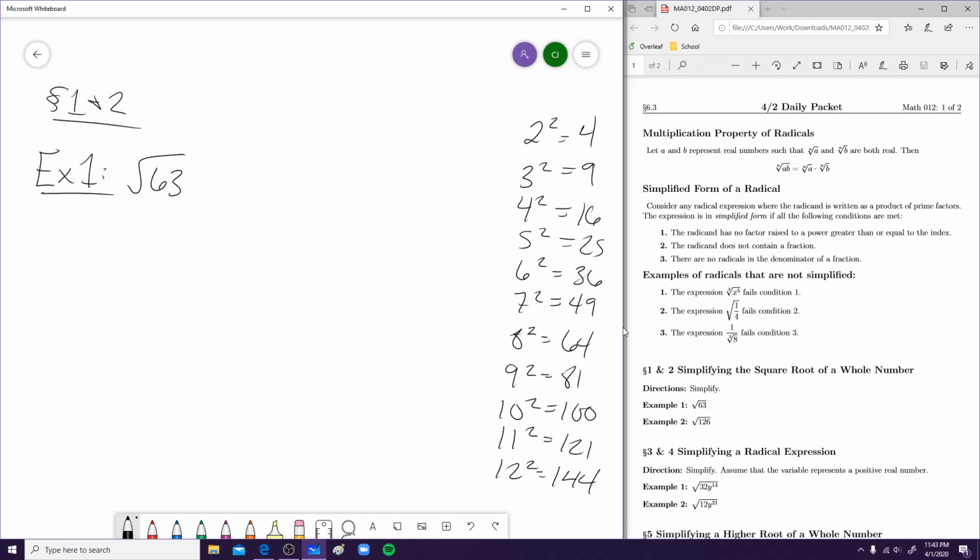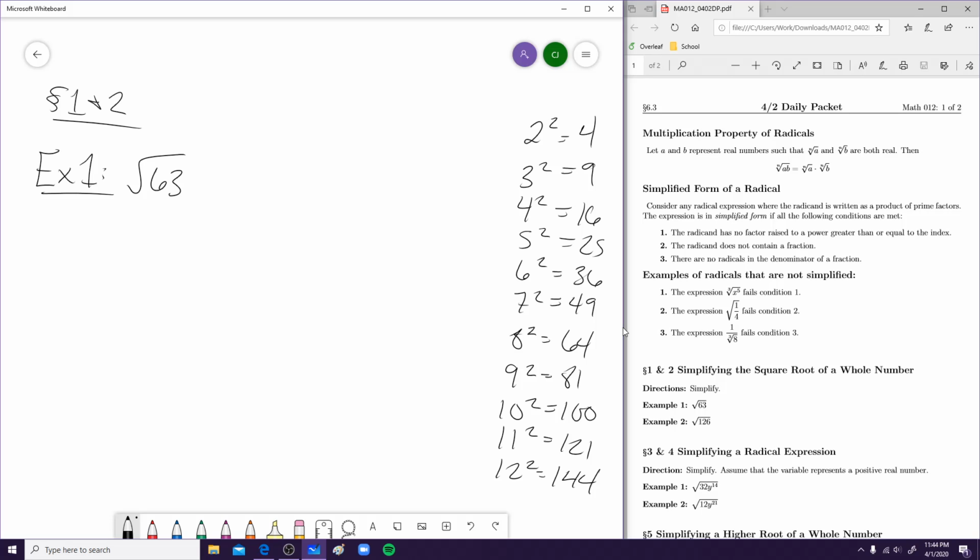What is my goal here? My goal is to find the first perfect square that goes into 63 evenly. Looking at 49, 63 divided by 49 does not give us an integer. So we go on to the next perfect square, which is 36. 36 also doesn't go into 63 perfectly. Then we go to 25. 63 divided by 25 does not go in perfectly.